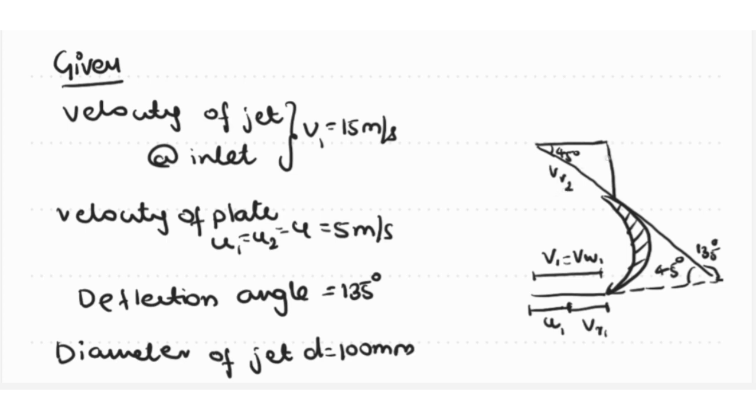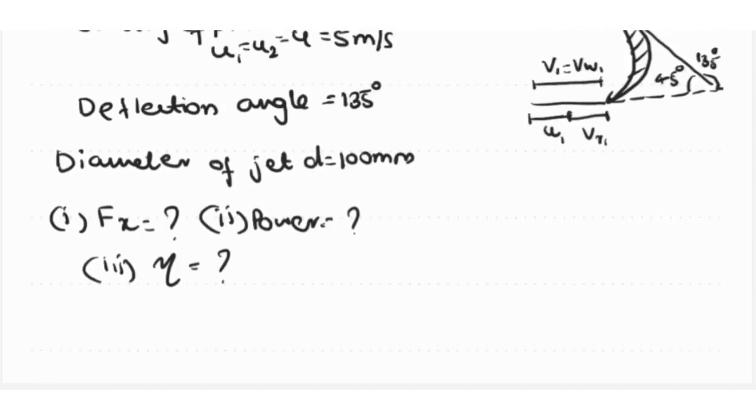We will draw this alpha 2 later, whether it is acute or obtuse, based on the value we will get. So I will stop here. So this will be Vf2. I will draw u2 and Vw2 later, once we know whether alpha is acute or obtuse. So let us calculate the values.